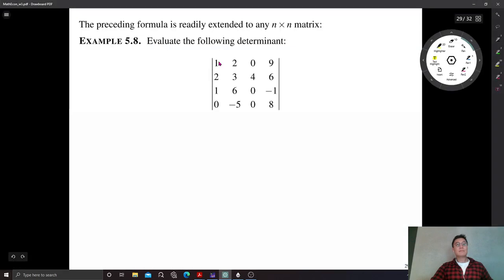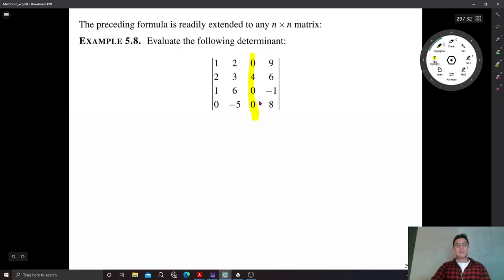So here 4 by 4, and in order to compute the determinant, the procedure is exactly the same as before. Okay, so we begin by choosing one column. For this matrix, let me choose the third column because this column has the largest number of zeros. It has 3 zeros, so greatly simplifying our computation work.